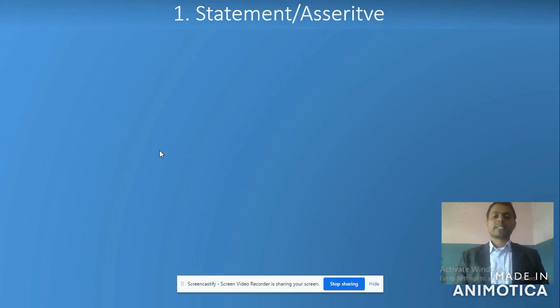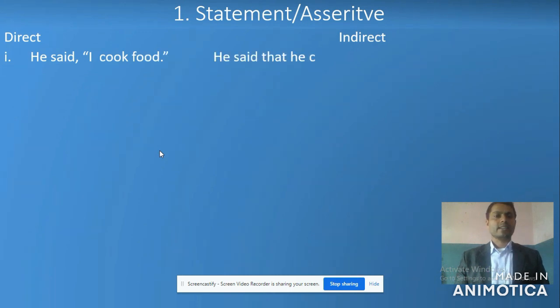Most of the rules are common, that we are going to use even in all the types of sentences. Now you have to remember the rules given under each and every type of sentence, direct speech and indirect speech. Look at here. Very first, look at the example sentences under the statement or assertive type of sentence.